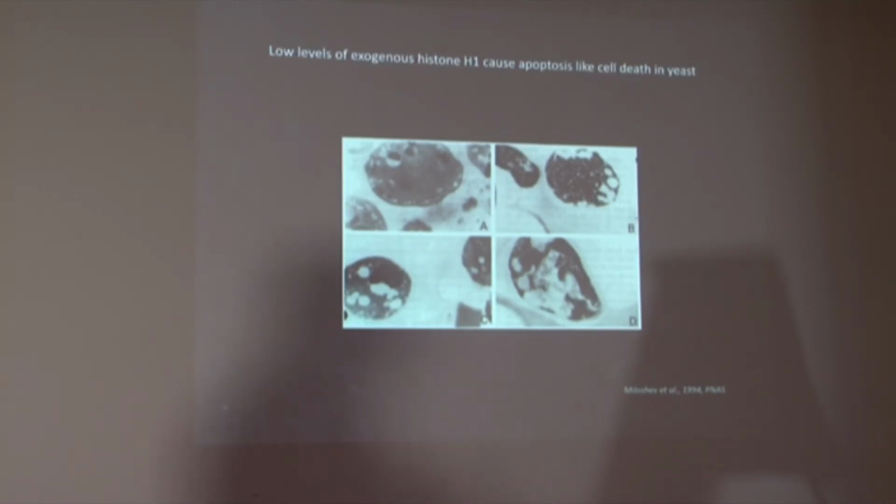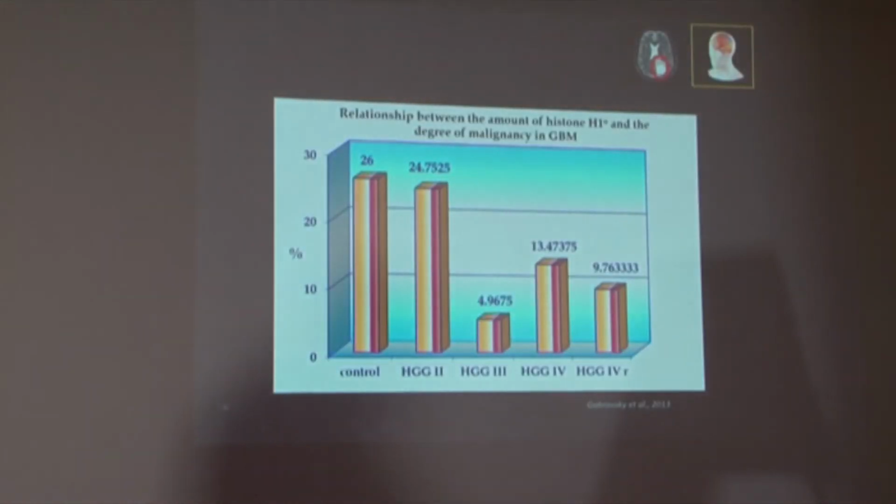So it is proven by others, not by us only. But other H1 histones couldn't make apoptosis in the cell. So the reason for that is because we've got different variants of the histone, and probably they've got a little bit different function in the chromatin.